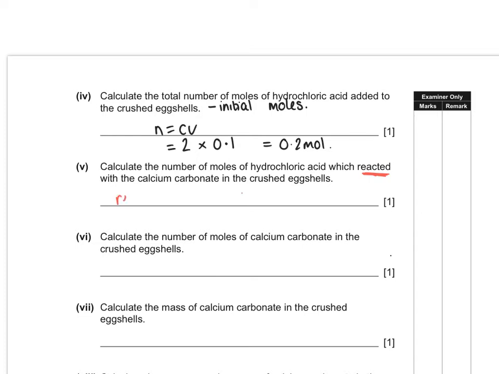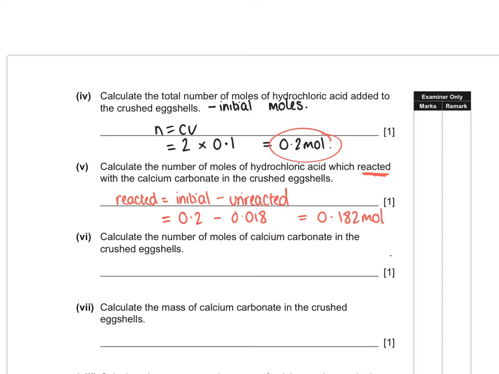So remember, your reacted is going to be the initial moles, which we calculated here, minus the unreacted moles, which we calculated in part 3 from the titration. So our initial moles are 0.2, the unreacted was 0.018 moles. That gets you a total of 0.182 moles.